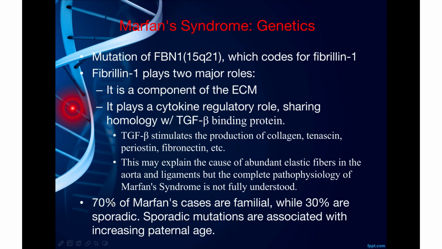As for inheritance, 70% of Marfan's cases are familial, meaning a parent has it. That means they have a 50% chance of transferring it to the child. And 30% are sporadic, usually associated with increased paternal age.